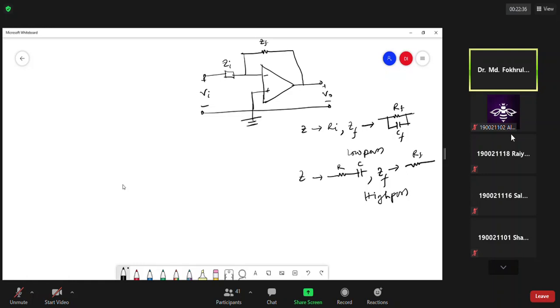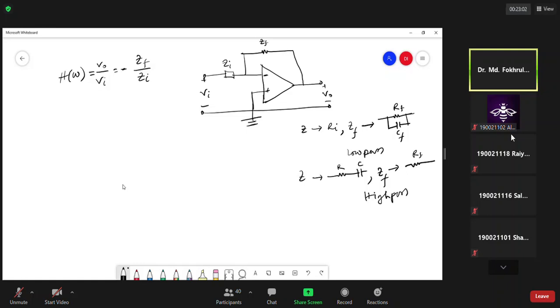And if we consider our previous discussion, we can also find the transfer function. The transfer function H(ω) is Vo by Vi, which is minus Zf by Zi. From our previous inverting amplifier discussion, we know it is the feedback impedance over the input impedance.